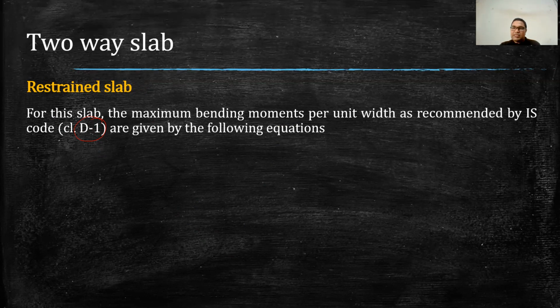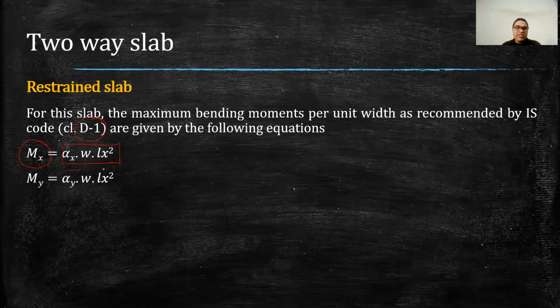If we consider x along the shorter span and y along the longer span, then the bending moment along the x-axis will be calculated by using this formula, the same formula we used in the previous lecture in the case of simply supported slab.